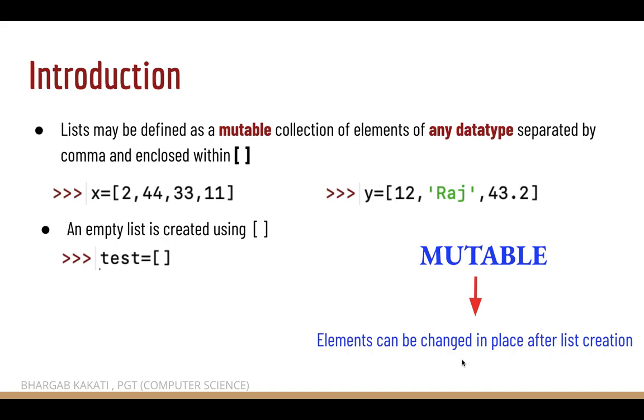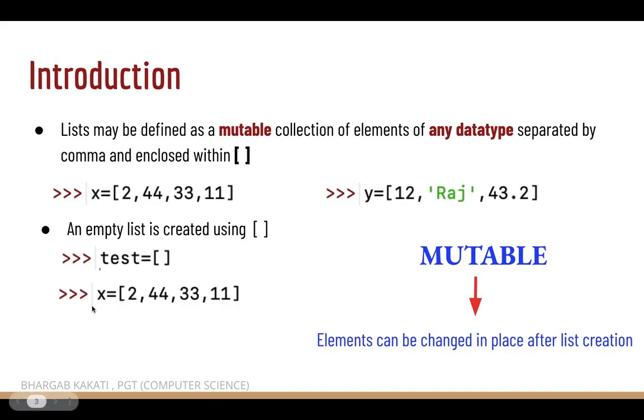And in Python, this concept where elements can be changed within the same memory location is known as the concept of mutability, and those data types are known as mutable data types. In list also that can be done, therefore lists are mutable in nature. How that can be done, we will see in the upcoming slides.